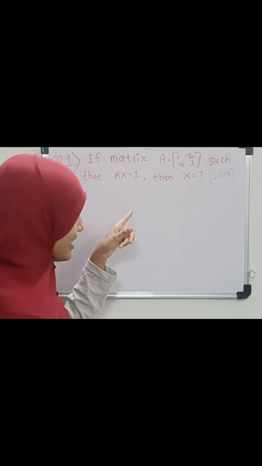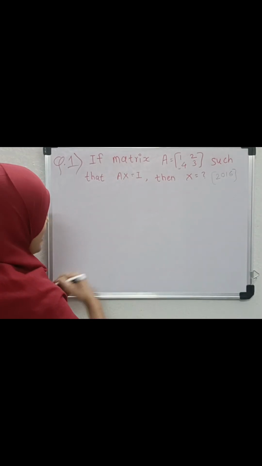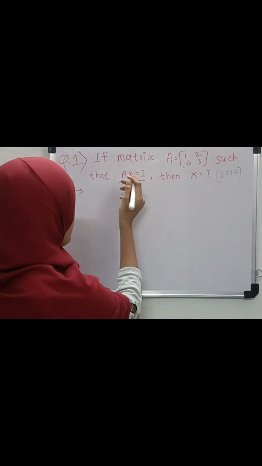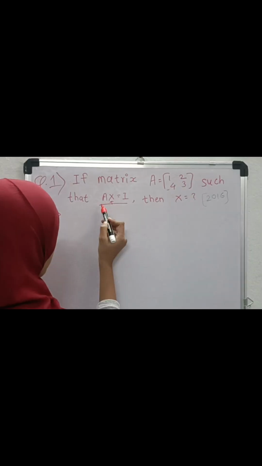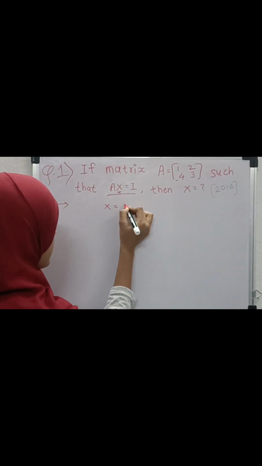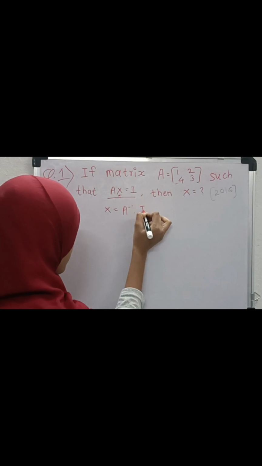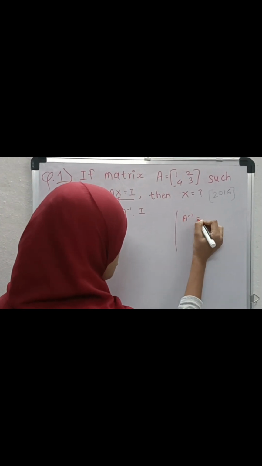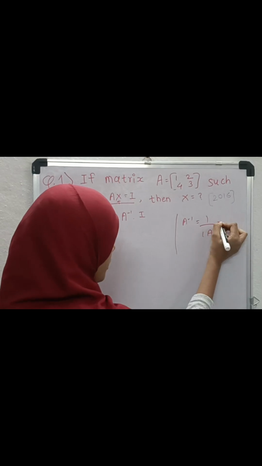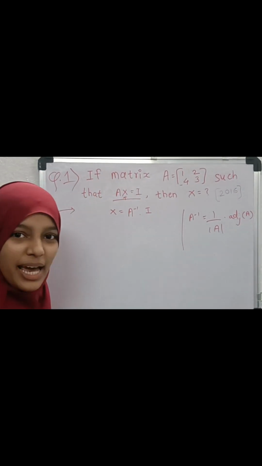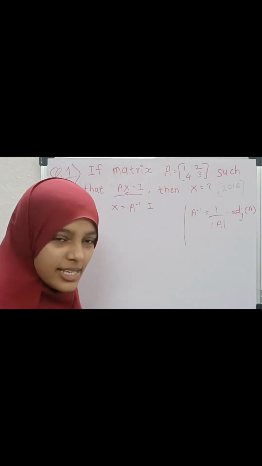So we shift A to the right side and take x equal to A inverse dot I. We already know that A inverse is equal to 1 upon determinant of A into adjoint of A, and if we multiply anything with I, the answer will be itself.